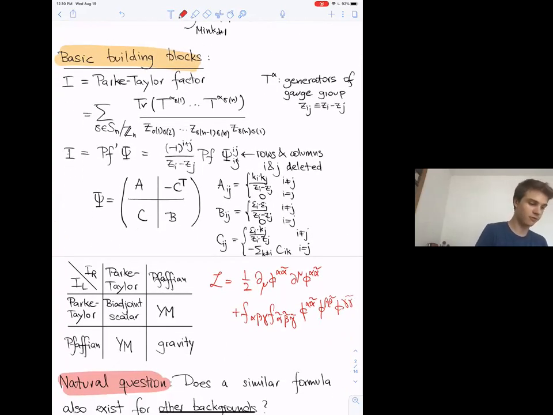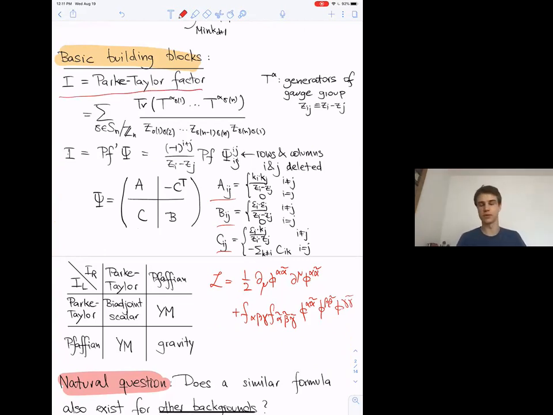And in particular, this Pfaffian here also, if you look at this A_I, B_IJ, C_IJ, then you see that this also involves the momenta. So that seems to be also a flat space thing. So if you want to go away from flat space, you better need to change those ingredients. And to make my life a bit easier, I will look at just the Park-Taylor factor.